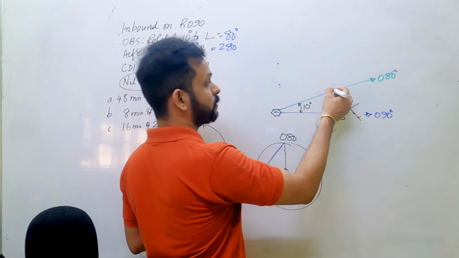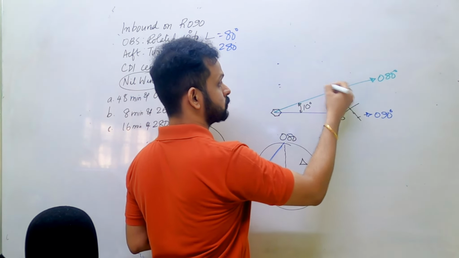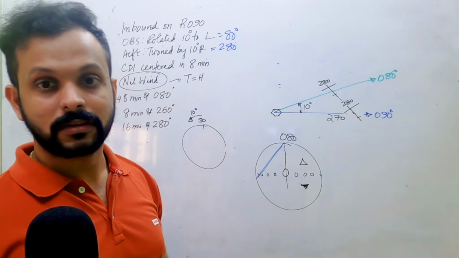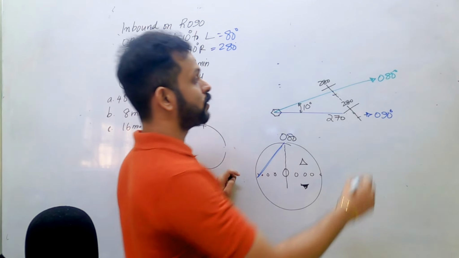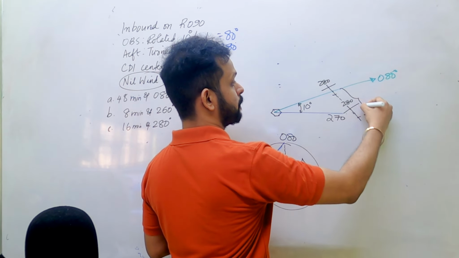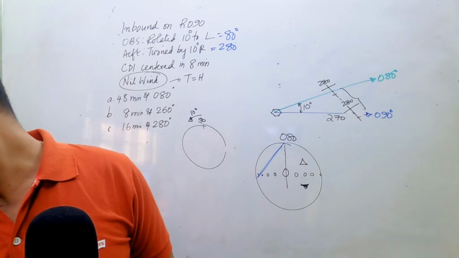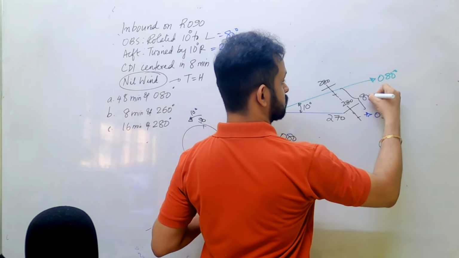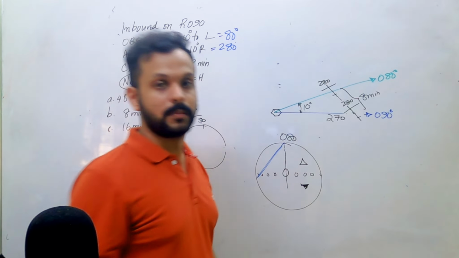So centering happens when you're exactly on the 080 radial. And how long did this take? This took 8 minutes. This is the 8 minutes they're talking about.